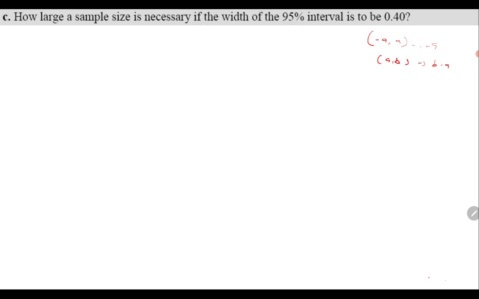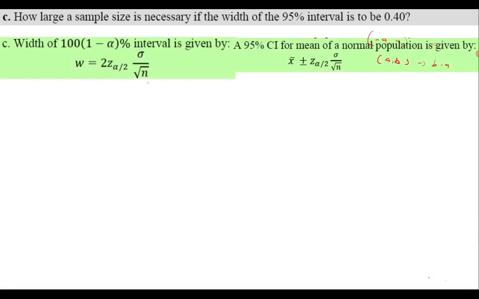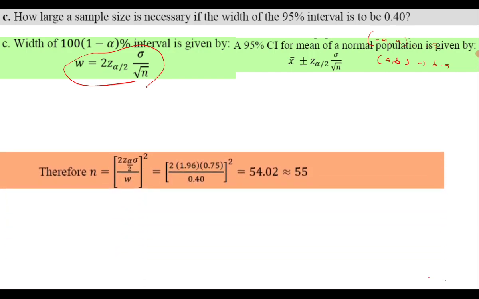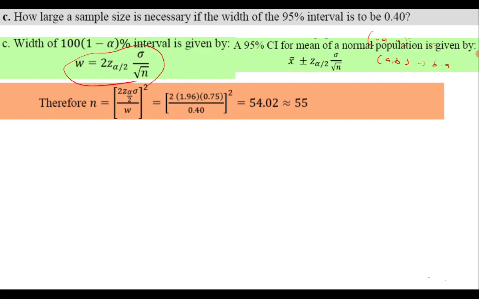We already know the confidence interval, therefore the formula for the width would be like this. Now the width is given, z alpha by 2 has already been computed for the 95% interval, sigma is known, and you need to find n. Do this computation by yourself and then verify the answer. N comes out to be 55.